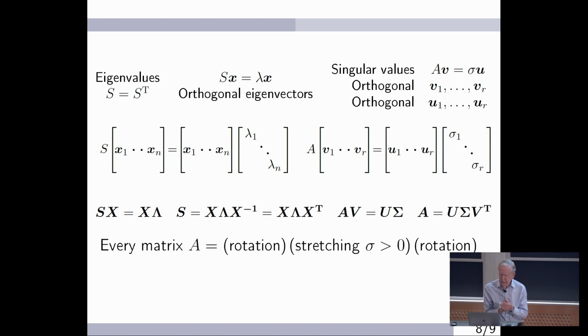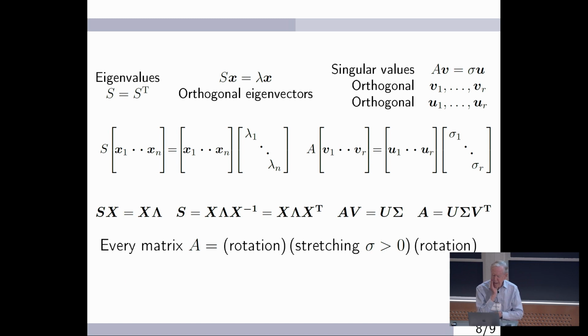I'm taking S to be symmetric to make things parallel. So Sx equal lambda x is a simple way to remember the eigenvalue problem. Then, of course, we go on to state it as the spectral theorem and as a factorization of S into eigenvectors times eigenvalues times transpose, X lambda X transpose.